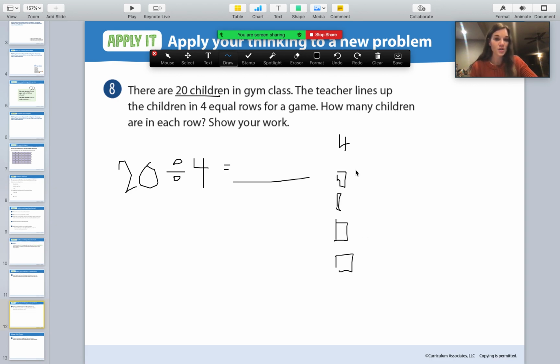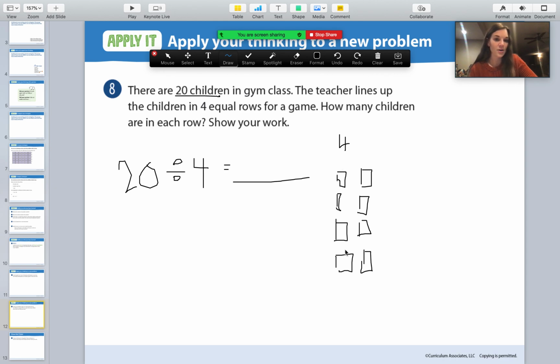Now, you can do it very similar to how we did the one with the crates, okay? So I want you guys to create an array and tell me how many children will be in each row if you do 20 divided by 4. So if you filled up all the rows to make 20, like we did the crates, I'll add another one in each row.